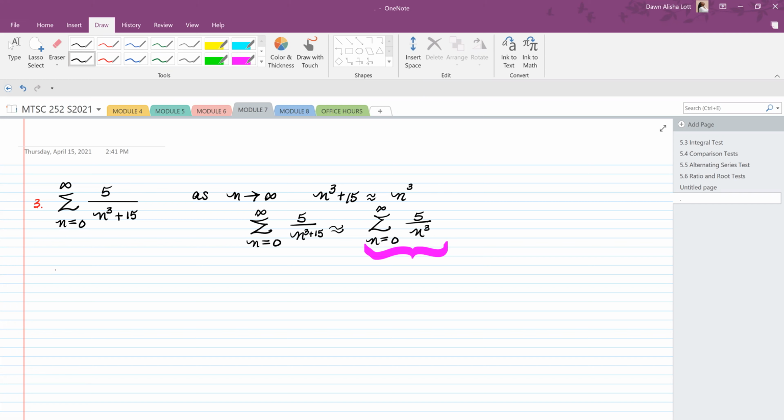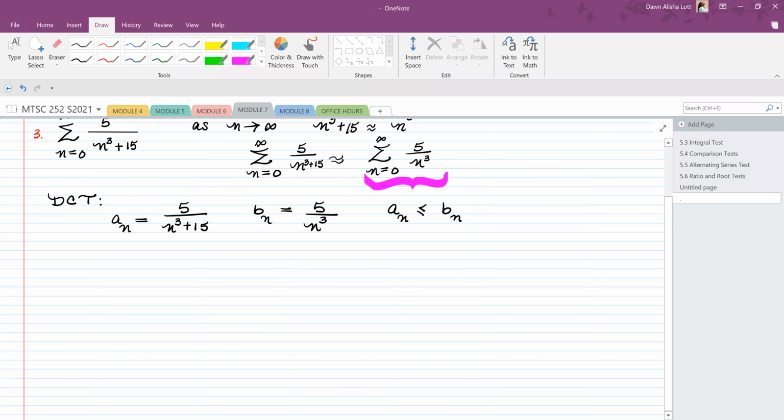I could use the direct comparison test, where a_n is 5 over n cubed plus 15, and b_n is 5 over n cubed. And a_n is less than or equal to b_n always, because n cubed plus 15 is always bigger than n cubed.